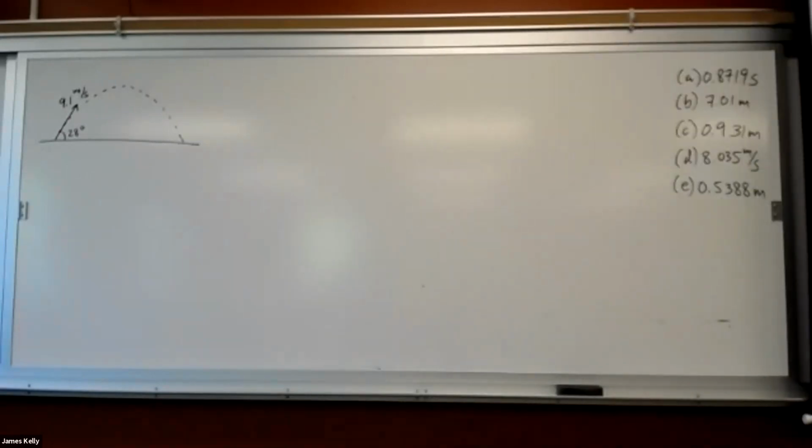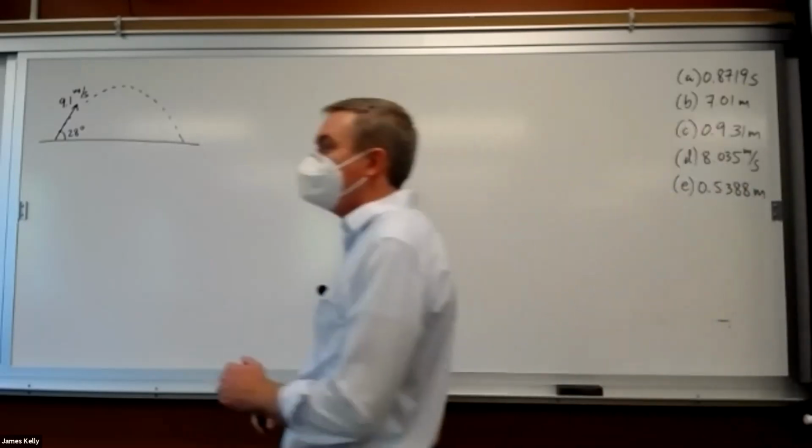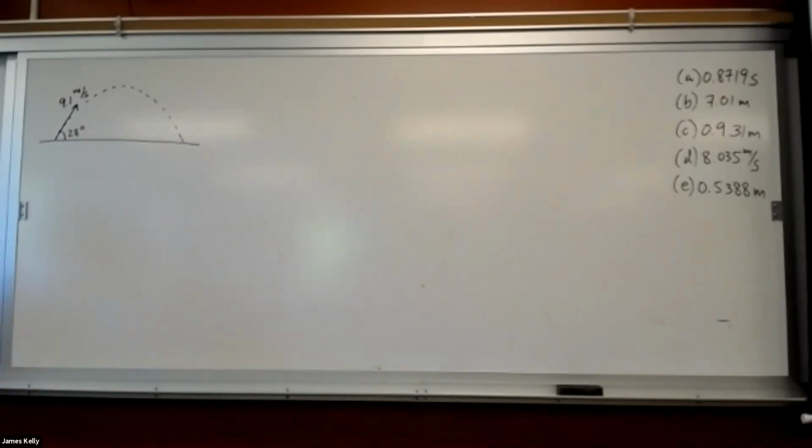In other words, if you end at the same y coordinate that you start with, this term is 0, and that says that Vy final squared is equal to Vy initial squared, which means Vy final is plus or minus Vy initial. And in this case, where we know it's the negative of the original one, if it was going up to begin with, it's going down. So I guess you could use that if you wanted to start that way.